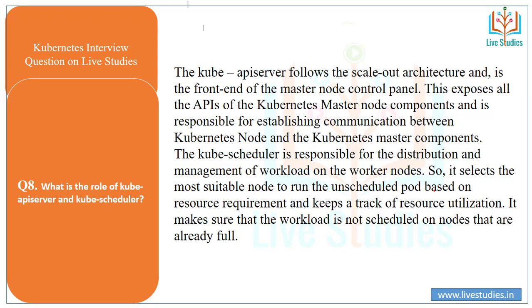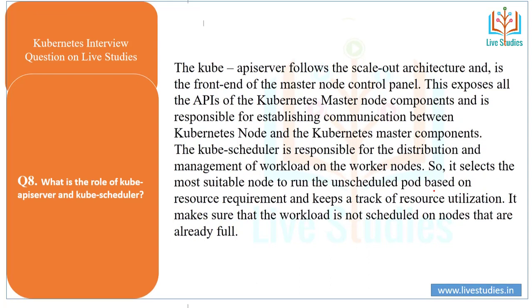The kube scheduler is responsible for the distribution and management of workload on the worker nodes. It selects the most suitable node to run the unscheduled pod based on resource requirements and keeps track of resource utilization. It makes sure that the workload is not scheduled on nodes that are already full.